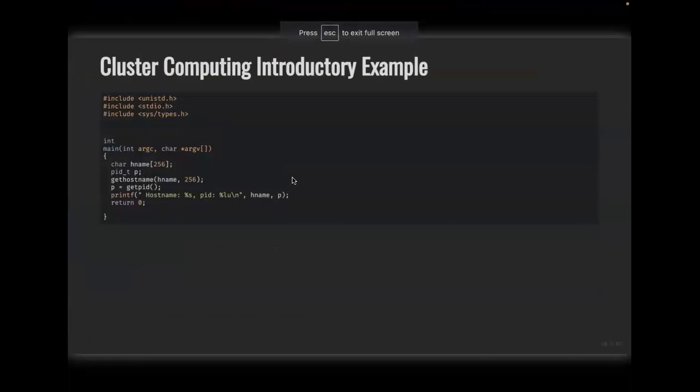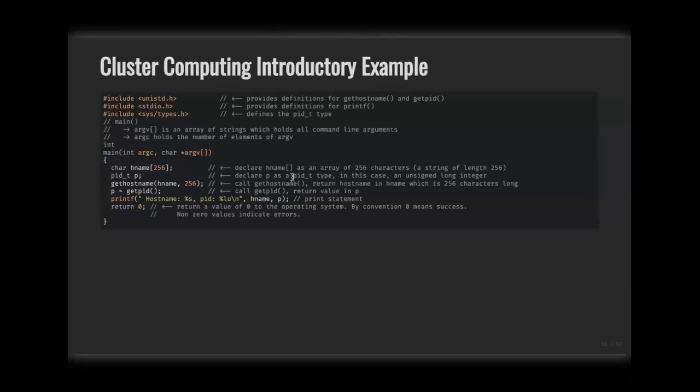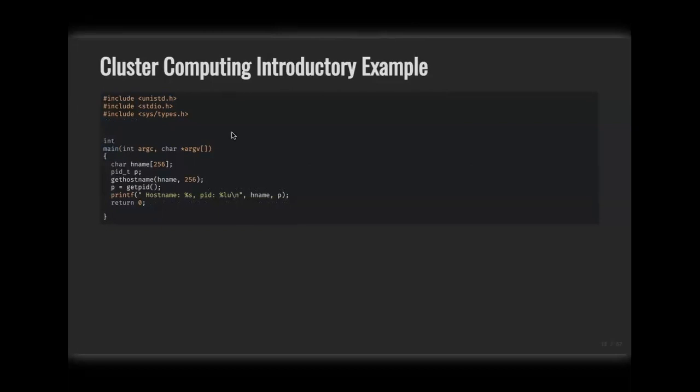But in any case, just so that I don't just throw this program at you and you don't know what it does, I'll just briefly try to explain. So this is a C program. If you're not that familiar with C, don't worry too much about it. The important bit is this is a variable declaration for the variable hostname, right? It's a string hostname.